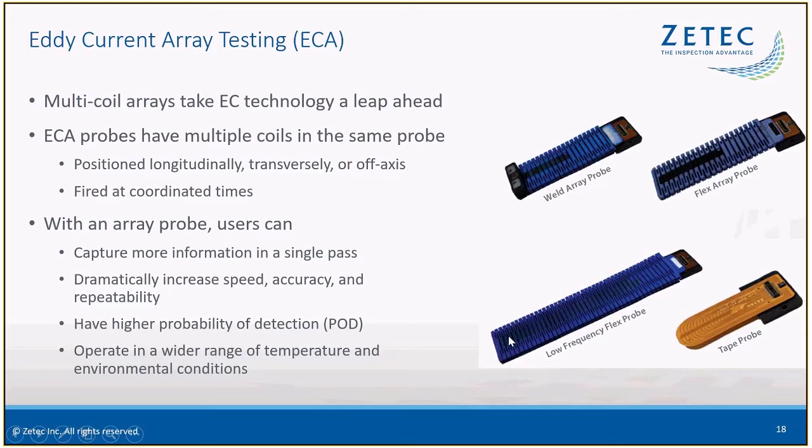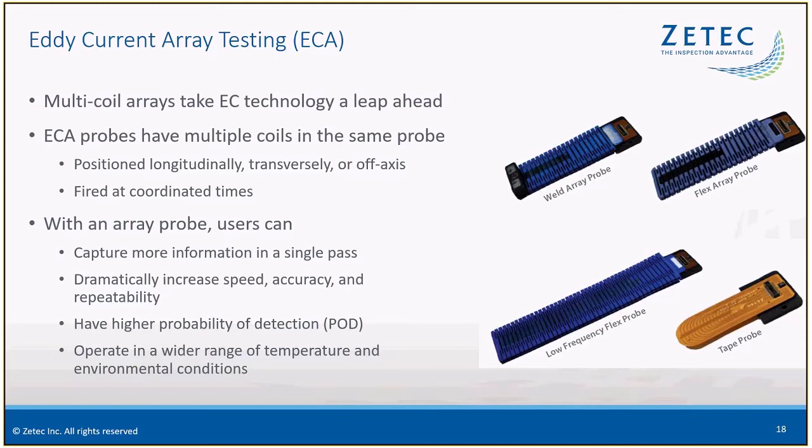You have a number of coils firing in a coordinated way to create a full view of this area as you scan along. So you're not trying to use a single coil to cover an area; you use this array of coils to get the coverage across that area.